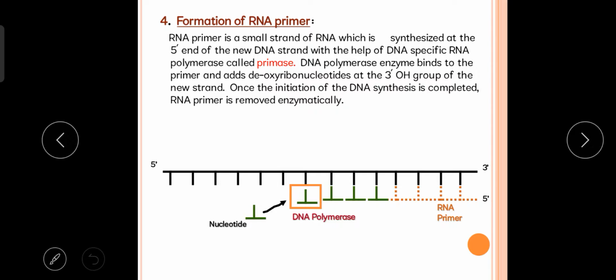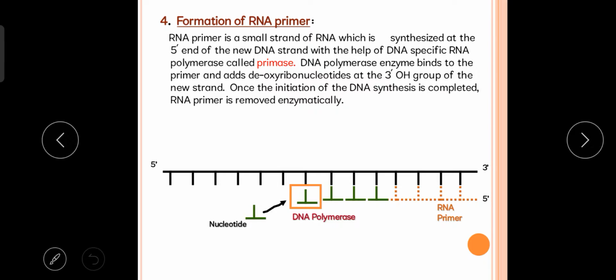The DNA polymerase III enzyme can only polymerize the deoxyribonucleotides to the 3' end of the newly synthesized strand. That means the DNA polymerase III adds the deoxyribonucleotides, that means ATP, GTP, CTP and TTP, to the 3' end of the RNA primer.